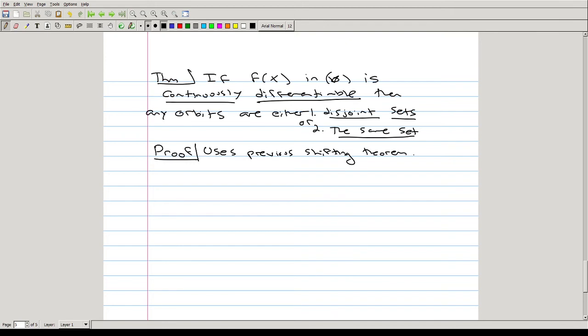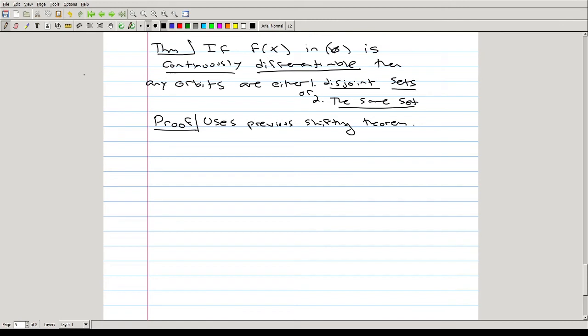The extension of the idea of orbits to more complicated systems is something that we'll focus on a little bit later in the class, using orbits to really understand the behavior of differential equation solutions.